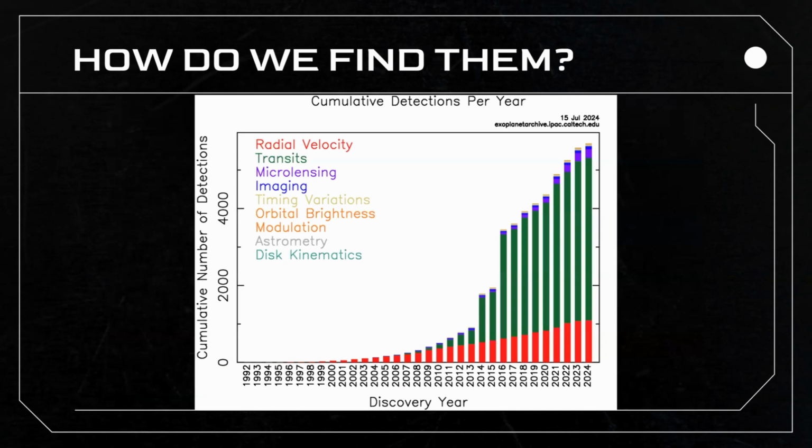So since exoplanets were first being discovered back in the 90s, we've had a huge uptick in the amount of detections starting kind of in the 2010s.